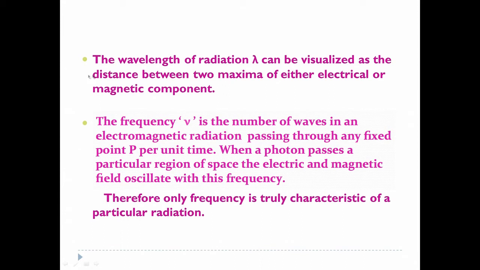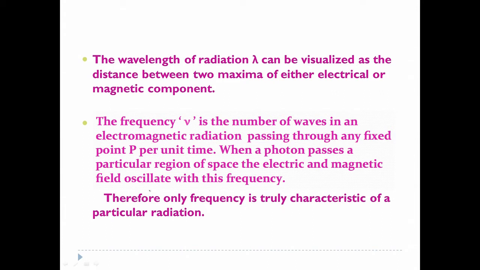The wavelength of radiation, lambda, can be visualized as the distance between two maxima, which I have shown you in the earlier figure. One is the electrical component and another is the magnetic component. The frequency is the number of waves that pass any fixed point per unit time. When a photon passes a particular region of space, both the electric and magnetic fields vibrate with each other, just like this.